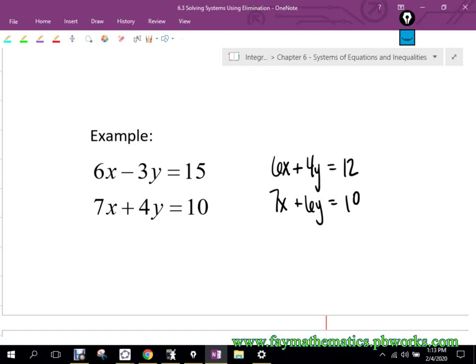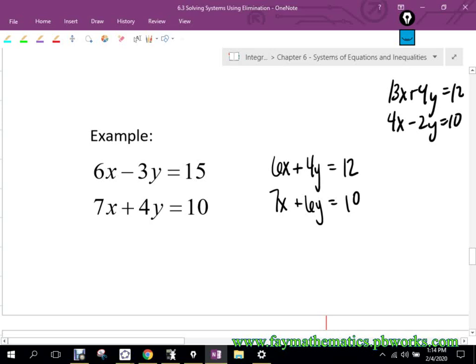If you are fine working with bigger coefficients and bigger constants, a lot of times people just say, I want to cancel x's and that's what I'm going to worry about. But say we've got 13x plus 4y equals 12, and 4x minus 2y equals 10.